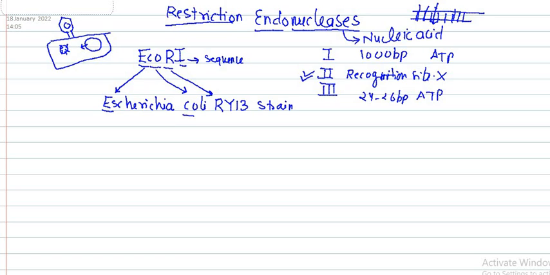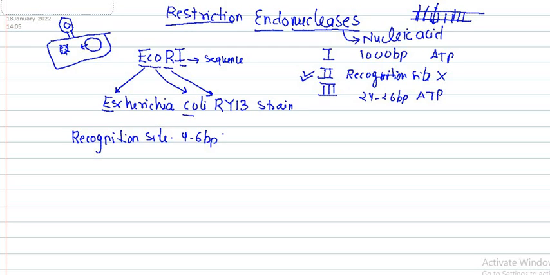Now we see that EcoR1 needs a recognition site. Recognition sites are base pairs on DNA, mostly 4 to 6 base pairs.